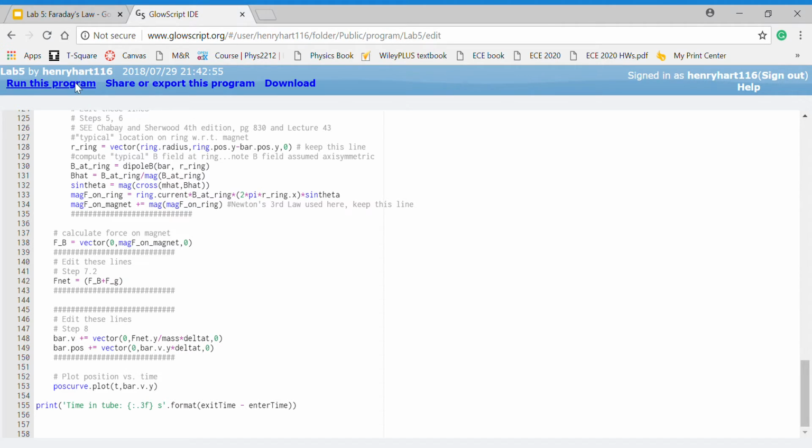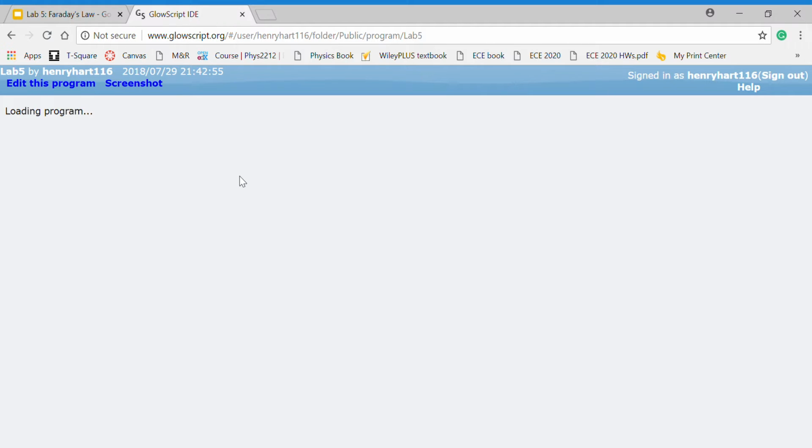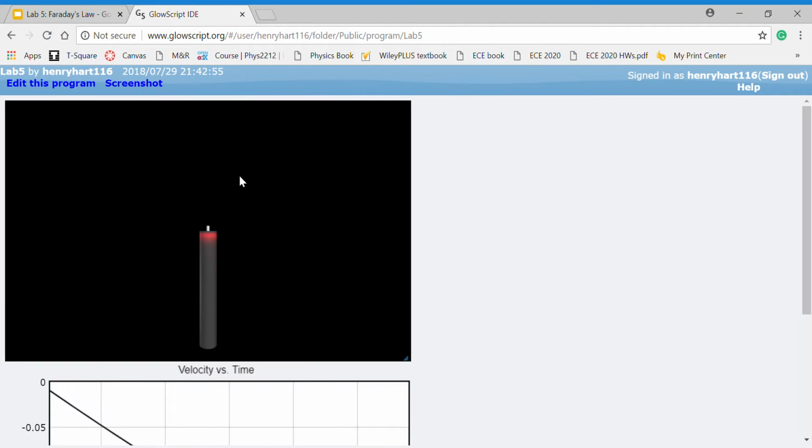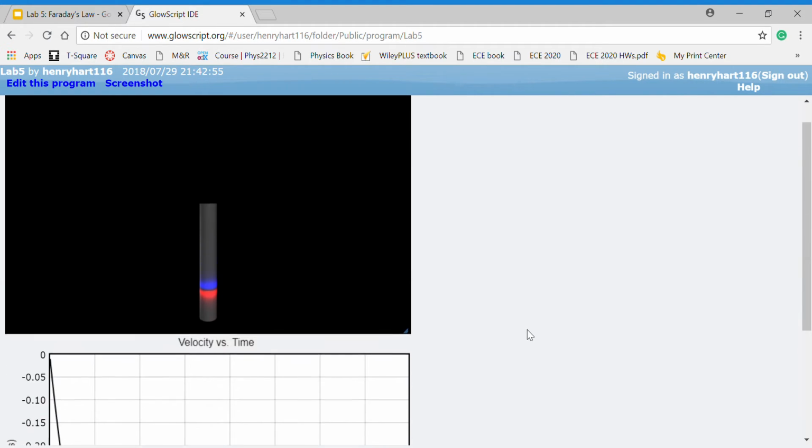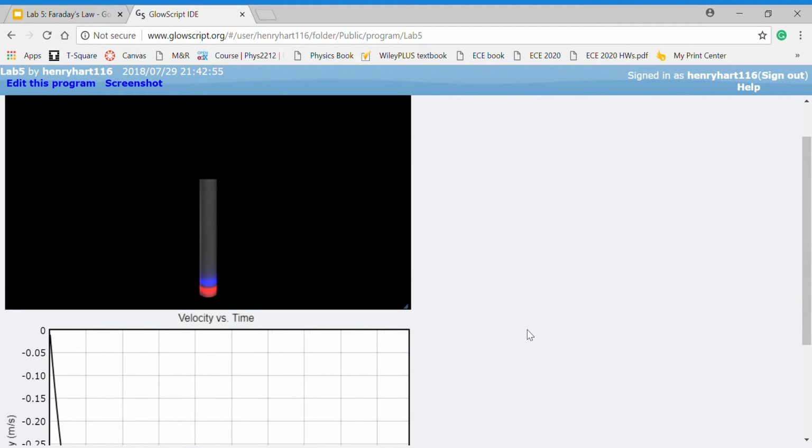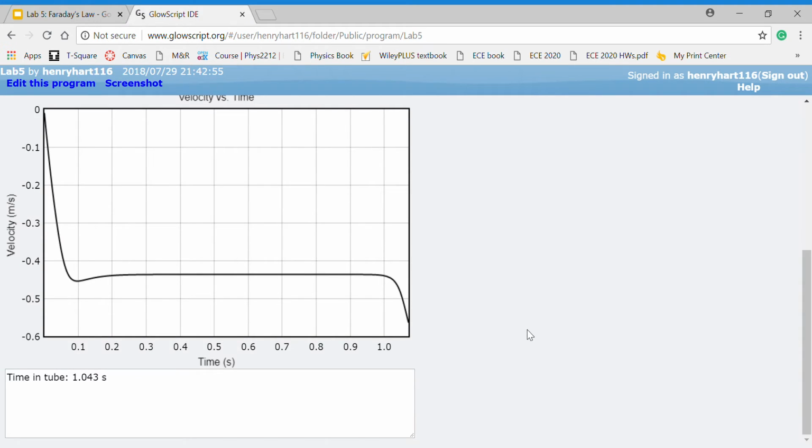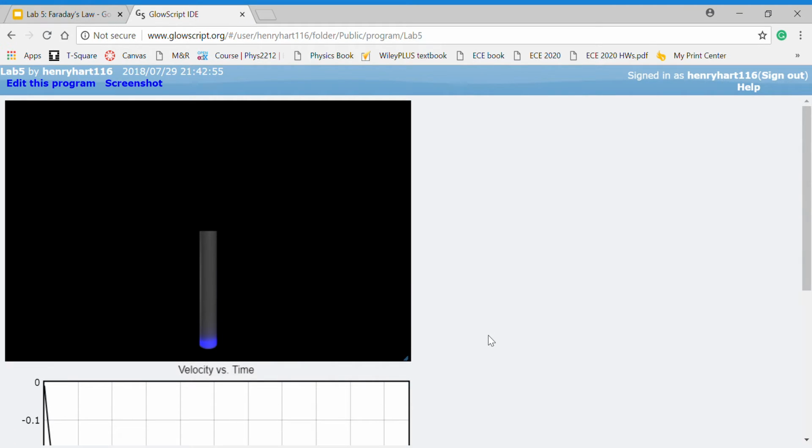When we run our program, we're able to see the magnet fall through the tube. It took roughly 1.04 seconds for the magnet to fall all the way through the tube, as we can see here. And the rings that were created as it fell through were the different directions of currents that are created by the magnet.